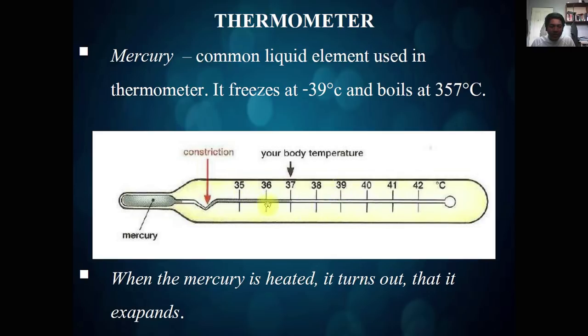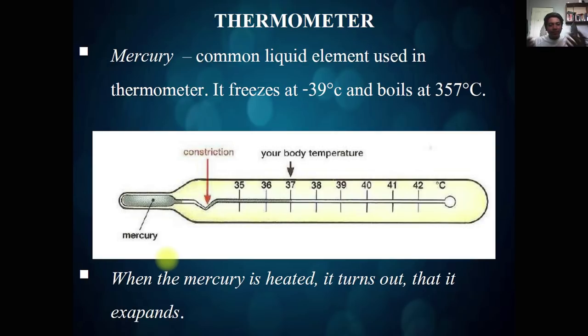As long as the mercury is heated, it will expand and expand. Why? Because that is a thermometric property of a metal: when the mercury is heated, it expands.